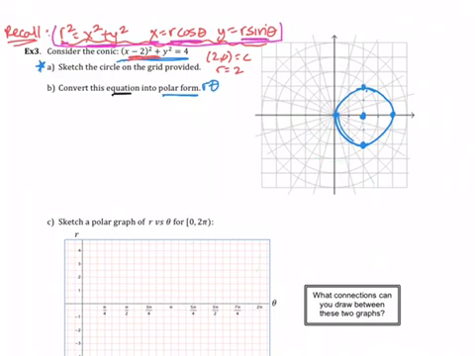Again, to convert it into polar form, we want to eliminate x's and y's and get everything in terms of r's and thetas. The first step would be to take this original rectangular form and multiply it out, or FOIL it all out. That would leave me with x squared minus 4x plus 4 plus y squared equal to 4.